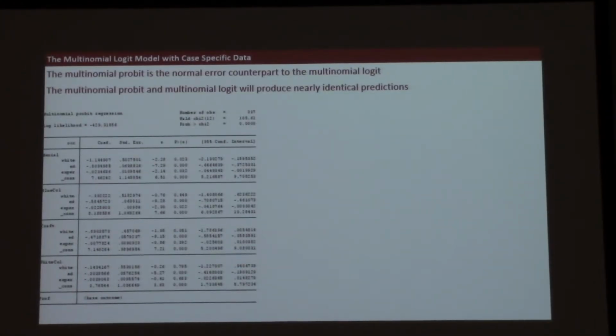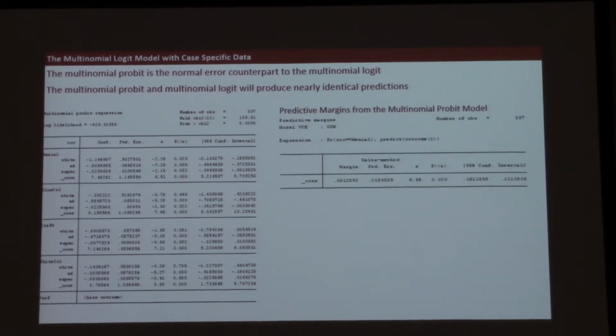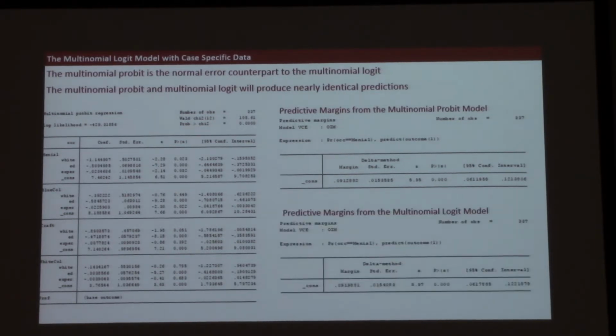Multinomial probit is just the normal error counterpart to multinomial logit. You're going to get nearly identical results, just like we did with multinomial logit and probit. So here's an outcome from our multinomial probit for different categories. Here are our predictive margins from our multinomial probit model, and I did predictive margins using margins from our multinomial logit model.